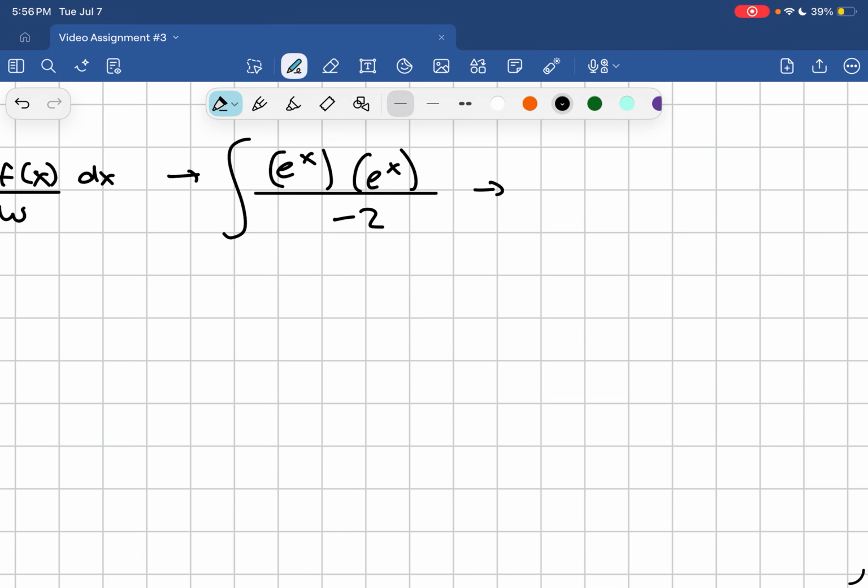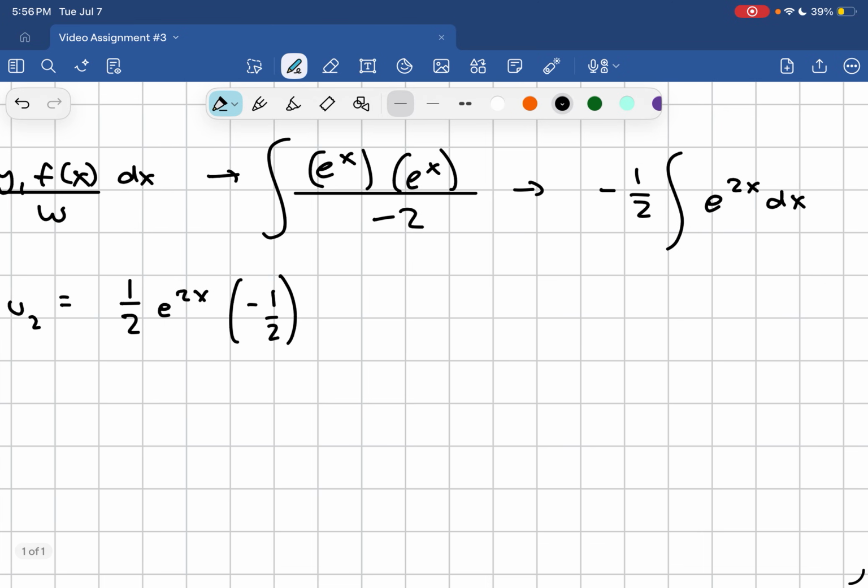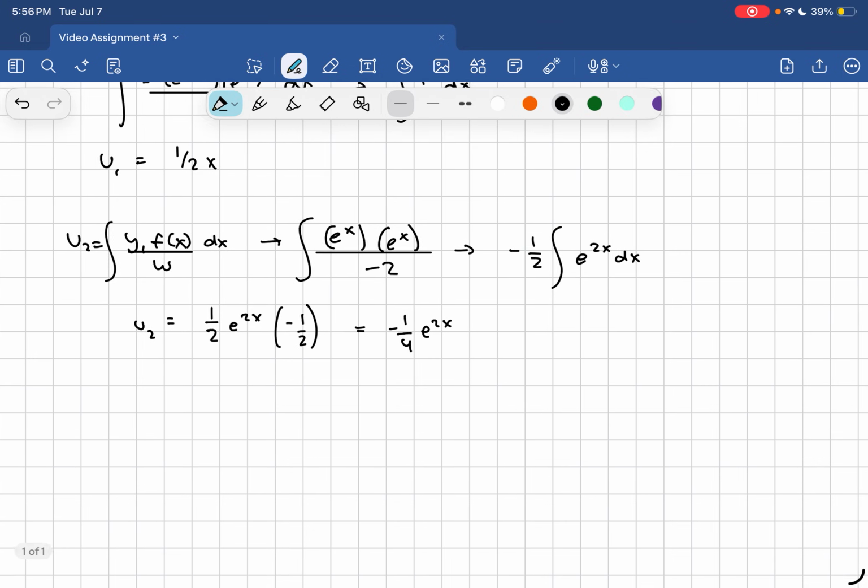And e to the x times e to the x is e to the 2x. So the integral of this is just -1/2 the integral of e to the 2x dx. And so our u2 is equal to 1/2 e to the 2x, all multiplied by -1/2, because the integral of e to the 2x is 1/2 e to the 2x. You're just trying to cancel out the 2 in the front. So this will just be -1/4 e to the 2x, this whole u2.